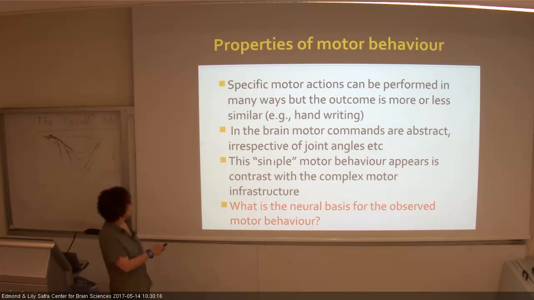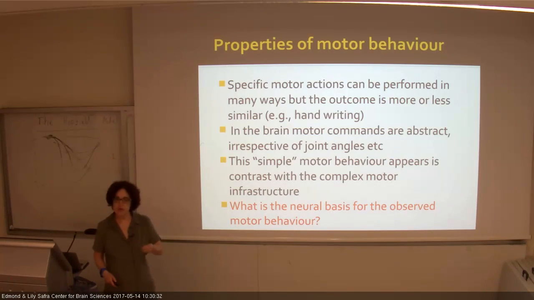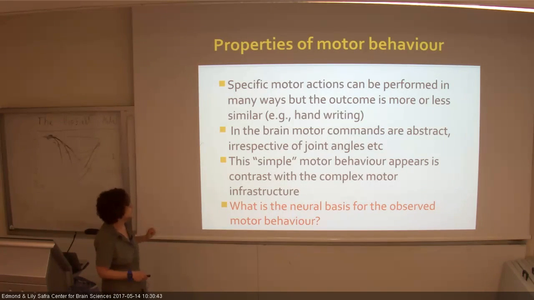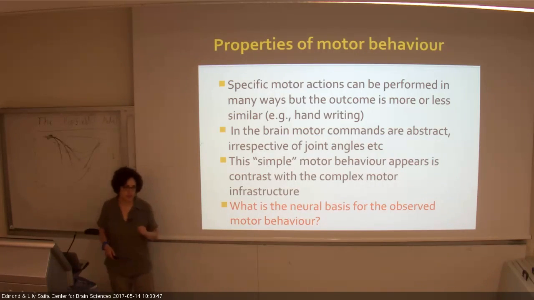So the interesting part is this simple motor behavior. It seems to be in contrast with the complex infrastructure, the joints, the independent joints and the interaction among them, which are much more complicated than the seemingly simple motor behavior. So this leads us to the question of what is the neural basis for the observed motor behavior, and that is what we're going to talk about from now on.